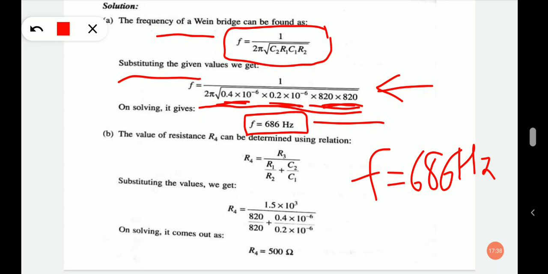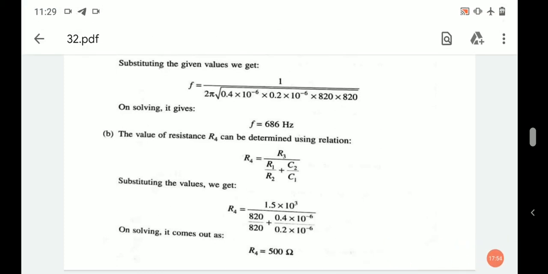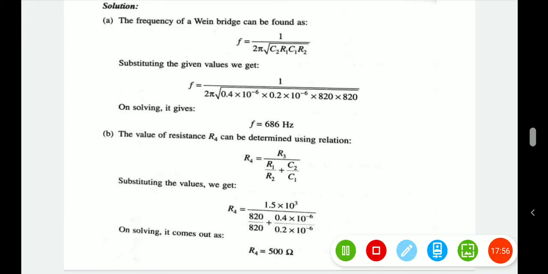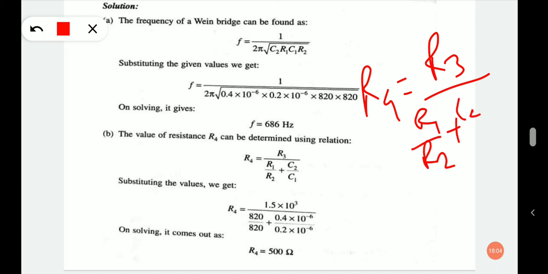The second parameter we have to find is the unknown value of resistance R4. So resistance R4 can be determined using the relation R4 equals R3 upon (R1 upon R2 plus C2 upon C1).